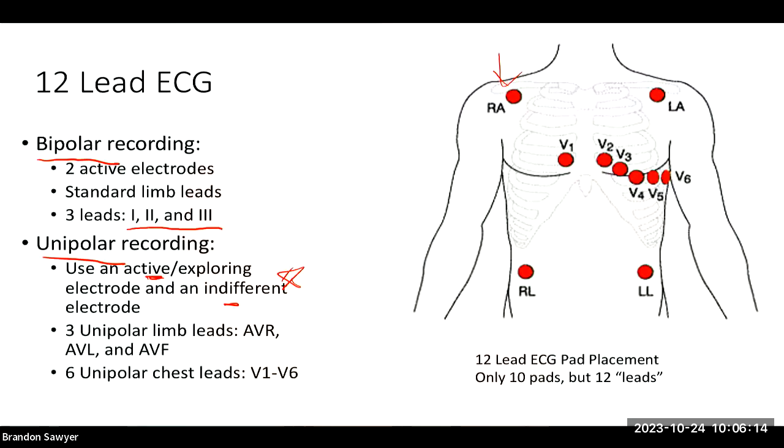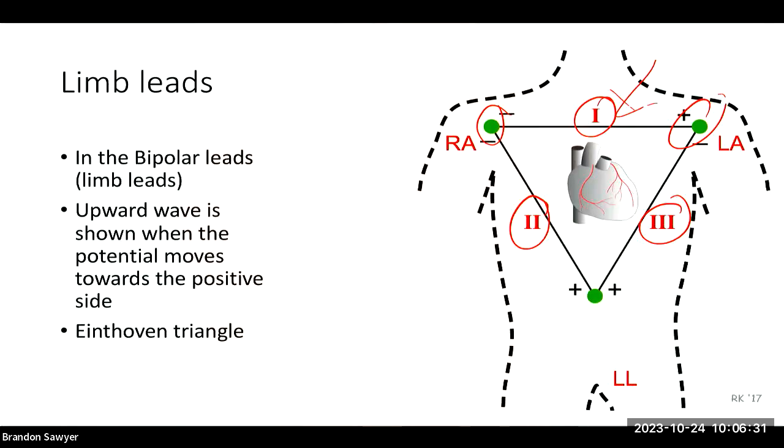Yeah, so this is what voltage is, right? If we're looking at lead 1, which would be between these 2, we're looking at the difference in charge between this point and this point. And so when we go from the right arm to the left arm, this side is more negative, this side is more positive.